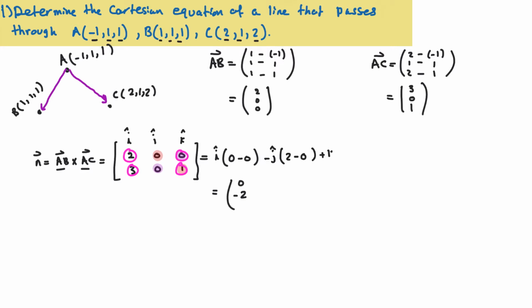And for our positive z component here, let's use a different color, let's use purple. For the k component, we're going to block off the k column and multiply 2 times 0 and subtract 0 times 3.